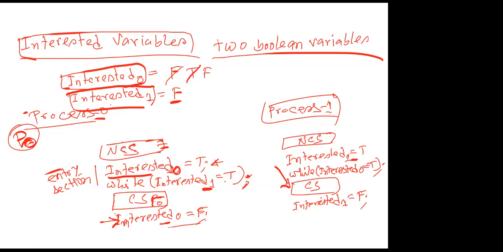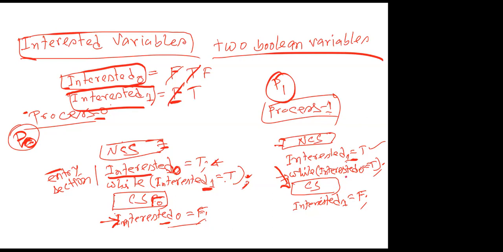Now let's check process P1. Process P1 can also enter this critical section in this scenario. Let's say process P1 is scheduled by the operating system. It will execute this code and make its interest true, meaning I am interested in entering the critical section, and then it will check the while loop: while interested[0], meaning whether another process is currently interested in entering the critical section or not.